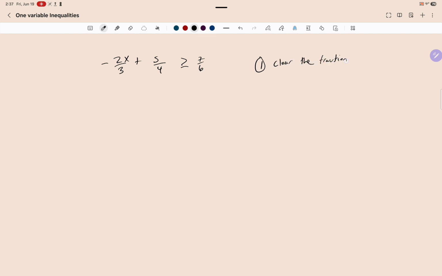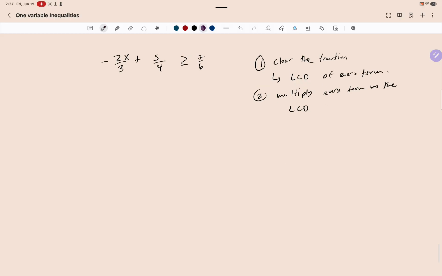And recall from the previous videos that I have posted on solving equations, the way we clear the fraction is that you find the LCD of every term, and once you find the LCD of every term, you multiply every term by the LCD. In this case, notice that our numbers in the denominator are 3, 4, and 6. So in other words, I have to find the LCD of 3, 4, and 6.